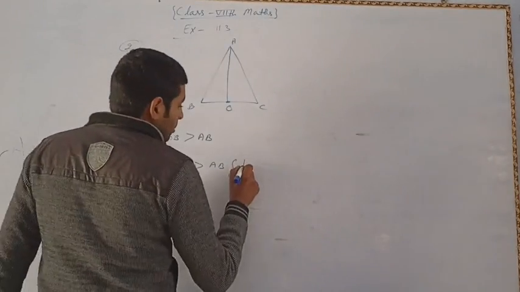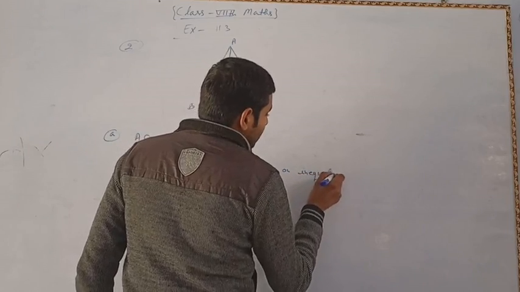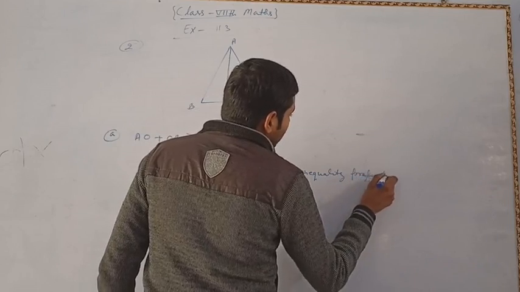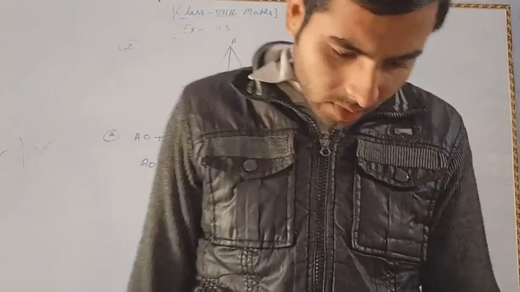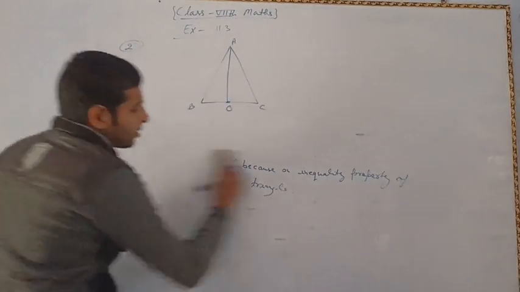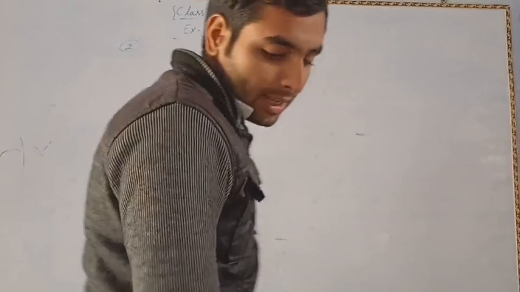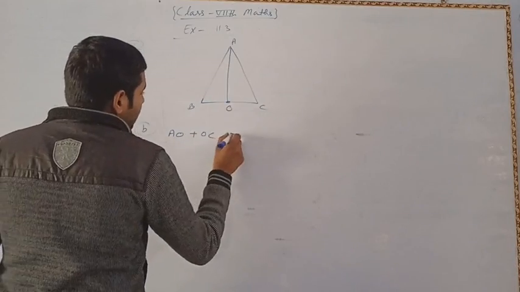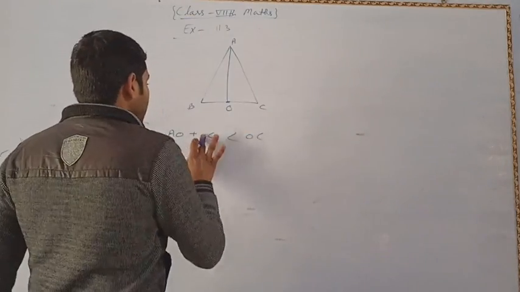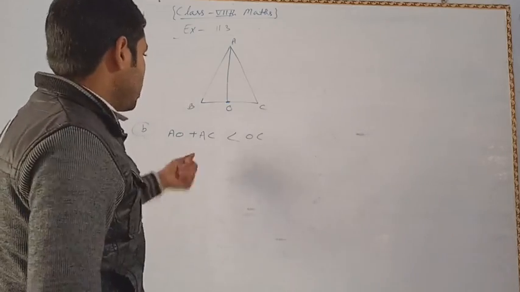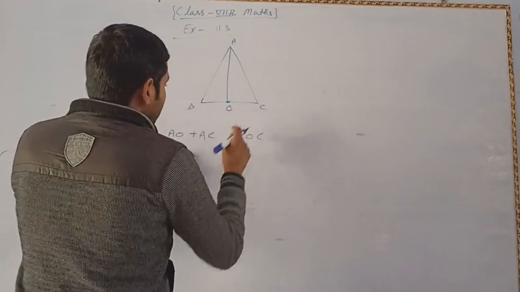Again, in part B, it is given that AO plus AC is less than OC.